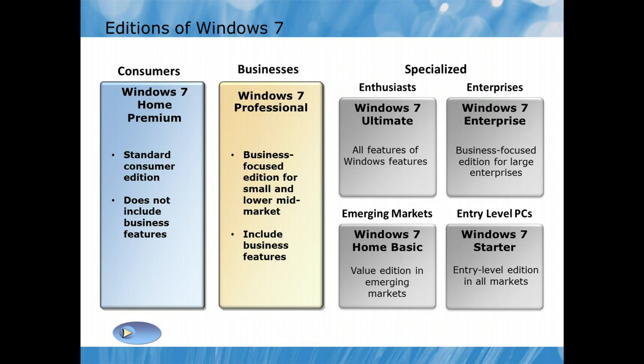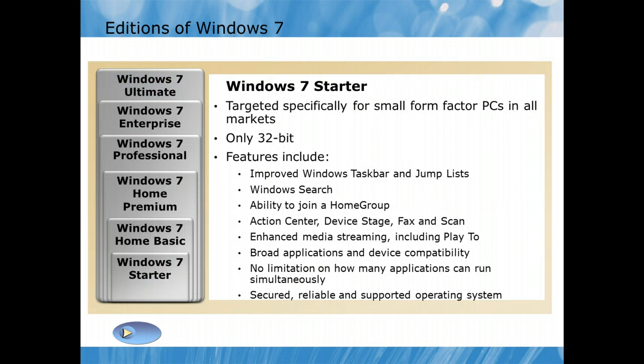Entry-level PCs, Windows 7 Starter; in emerging markets, Windows 7 Home Basic. Each of these have different requirements, different abilities to do things. What we're going to start out with, I hope, is the Starter. This is going to start at the bottom and work its way up.